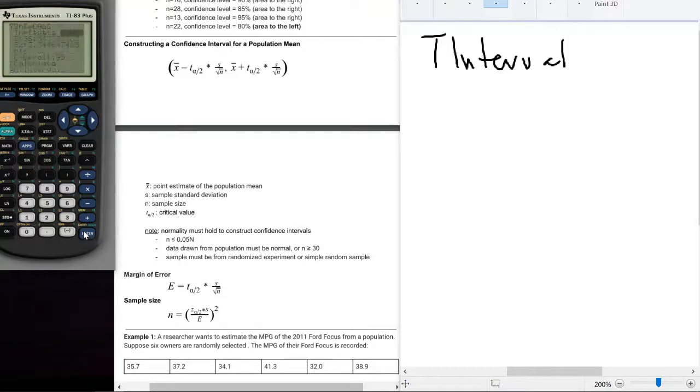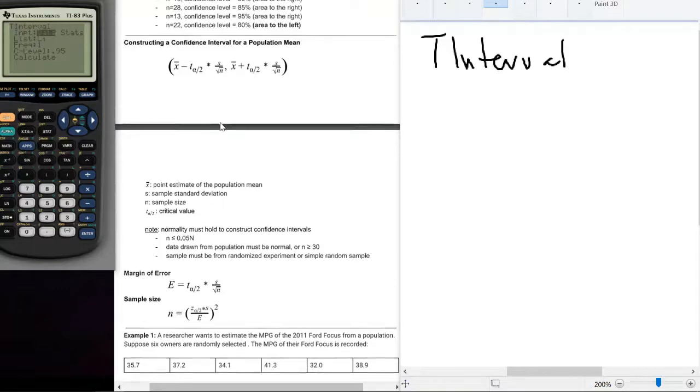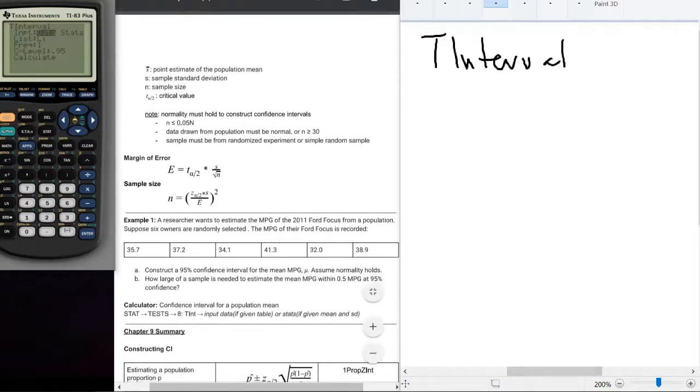So whether you have the 83 or 84, everyone will have this calculator function. Okay, so let's go ahead and click on the interval and see what happens. By default, the input will be on data. So let me show you what the input means. Sometimes a problem won't give you the data. Okay, if you're looking to construct a confidence interval for a mean, sometimes it will not give you the data.